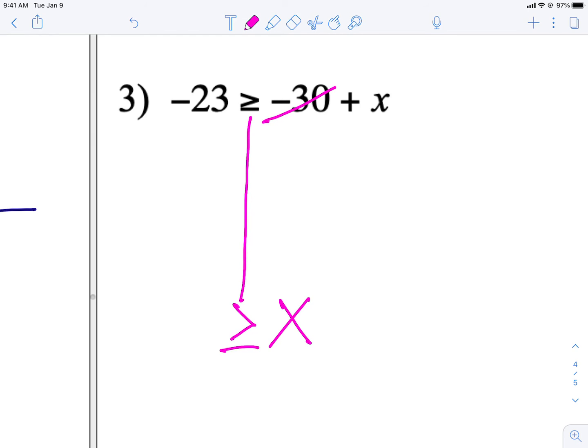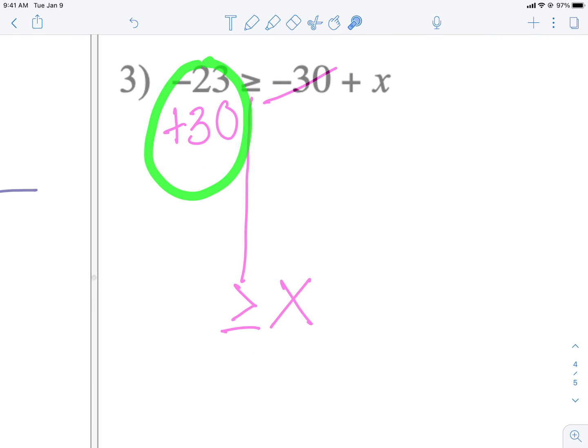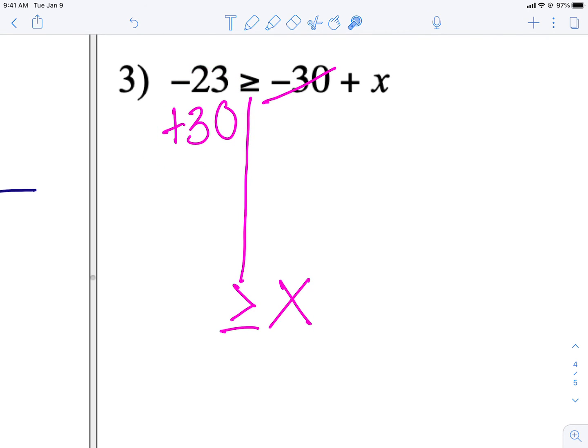So negative 23 and 30 are not the same sign, so that means I gotta subtract them. 30 minus 23 is 7. And it's a positive 7 because 30 is bigger and 30 is a positive.